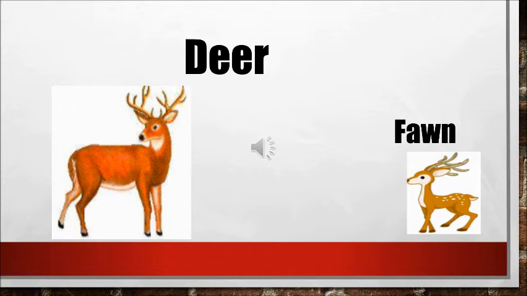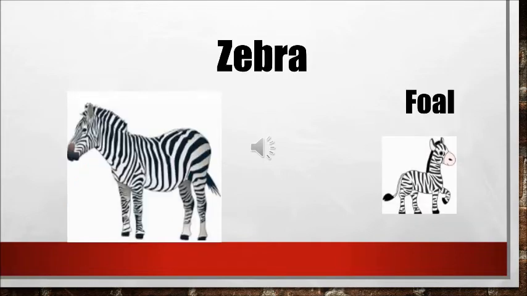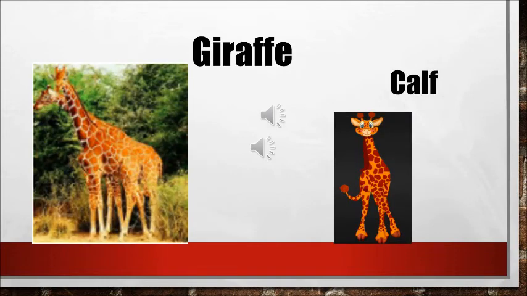Like the elephant, the deer also likes to eat plants. A zebra. A zebra has black and white stripes, and a baby zebra is called a foal. F-O-A-L, foal. Giraffe has a long neck. It is very tall and it eats all the leaves from the tall trees. Baby giraffe is called a calf.